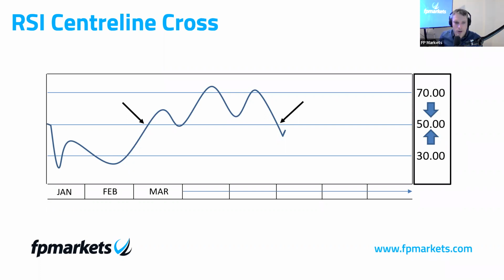So it's all about average losses and average gains with this indicator. That's all there really is to it in terms of the RSI bullish and bearish centerline cross, which is the main one really. And obviously the bullish and bearish failure swings will be touched on very shortly.